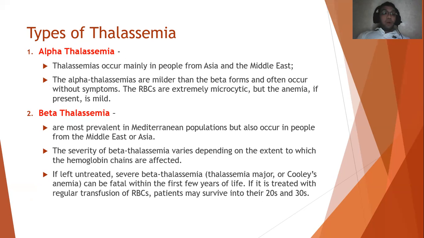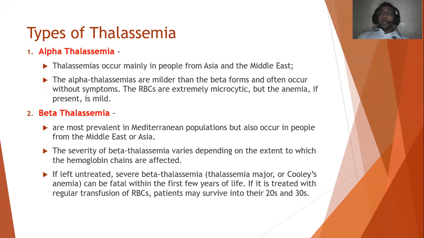Beta thalassemia, however, is the worst one. It is more prevalent in the Mediterranean population, but also occurs in people in the Middle East or Asia. The severity of beta thalassemia varies depending on the extent to which the hemoglobin chains are affected.